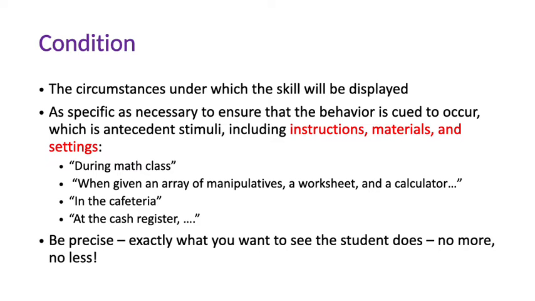During math class, for example, or when given an array of manipulatives or worksheet, the student will do blah blah blah. So the material can be a condition, and in the cafeteria the setting can be a condition. At the cashier register, that can be a condition as well. You have to be precise about exactly what you want to see the student do, no more no less.